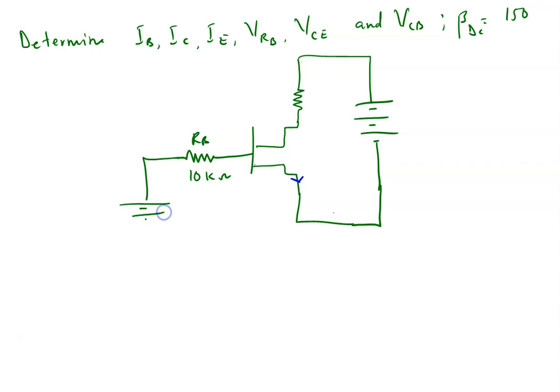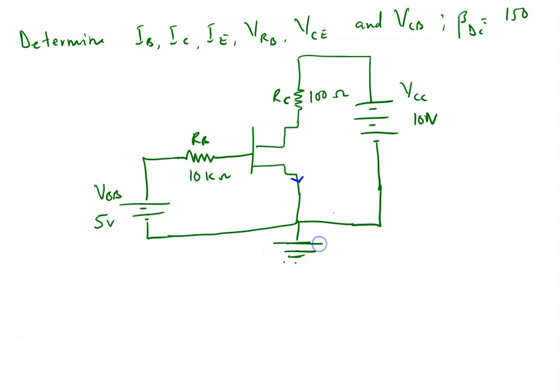We also have VBB here again, which is 5 volts. And RC, sorry, not RB, it's RC, which is 100 ohms. Then we have VCC, which is 10 volts, right? Then they are all connected to the ground. So this is a typical question, and we are asked to find IB, IC, IE, and then VRB, VCE, VCB.